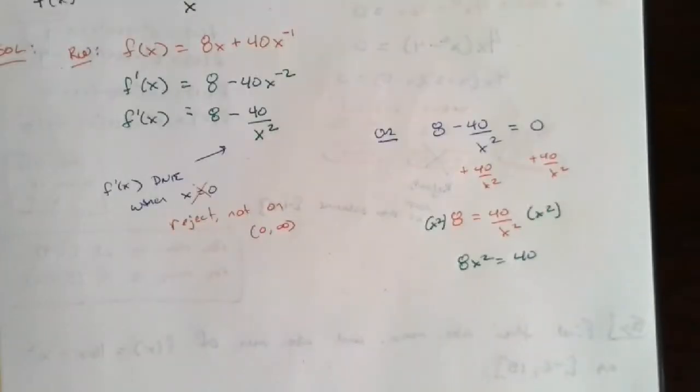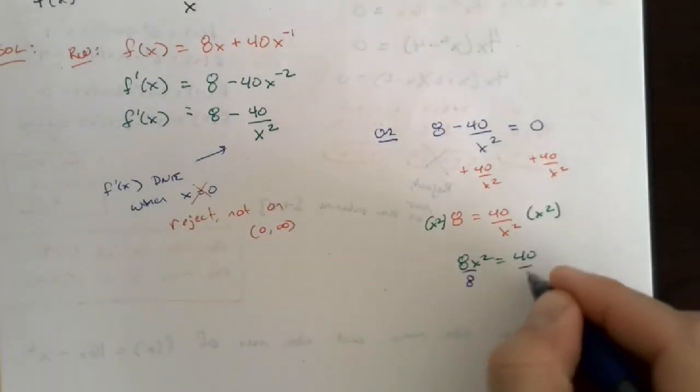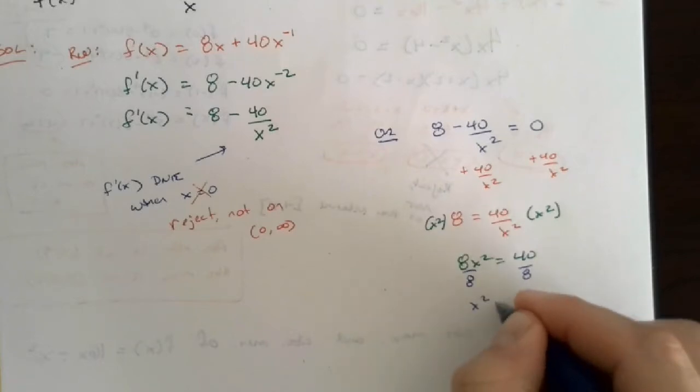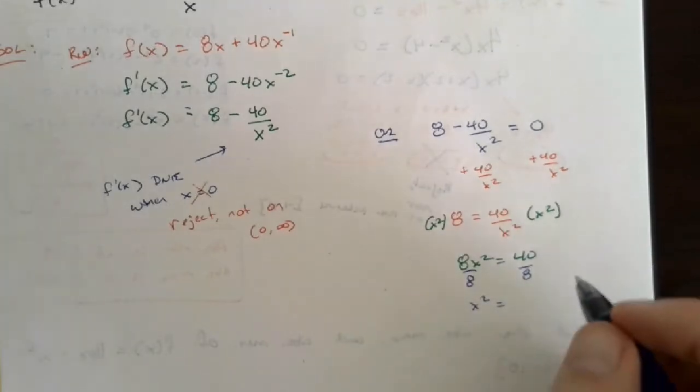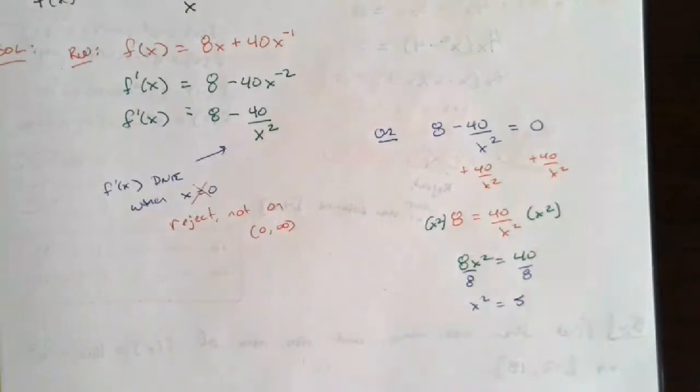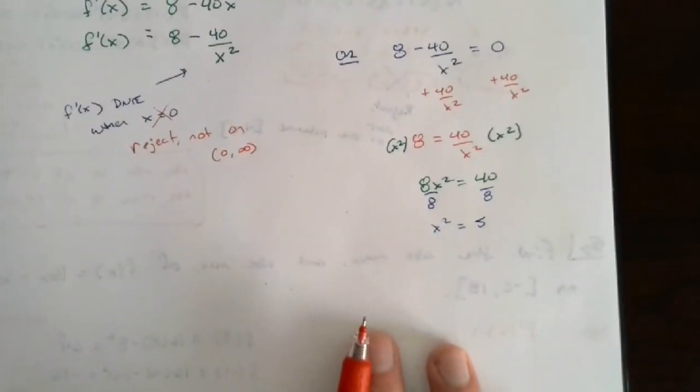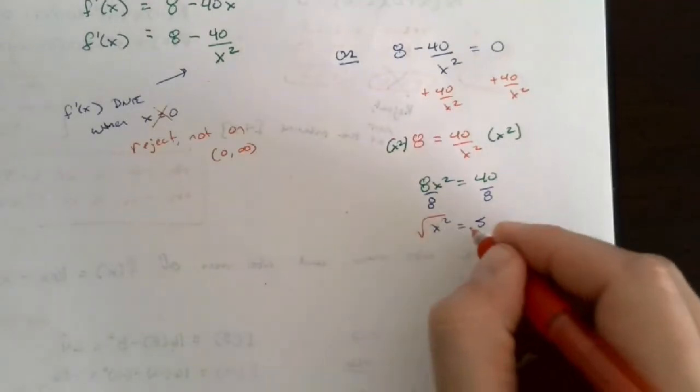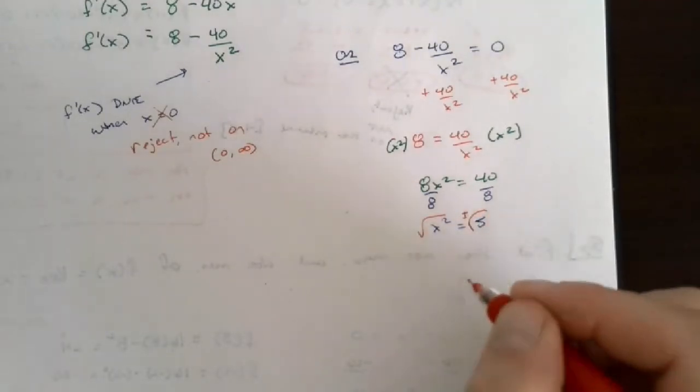And then solving this for x, remember what you want to do. You want to divide both sides by 8 first. So I get x squared equals 40 over 8, which would be 5. And then, how do you solve that? Well, x squared equals 5, and you take the square root of each side. Make sure when you take the square root, you put plus or minus here.